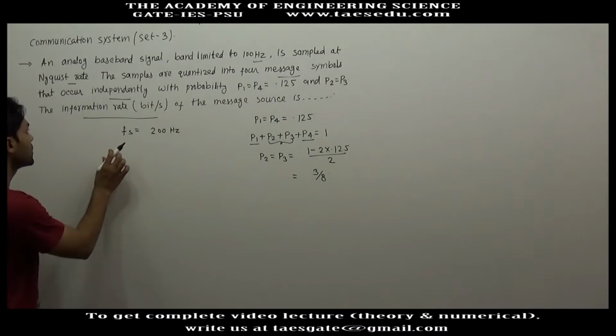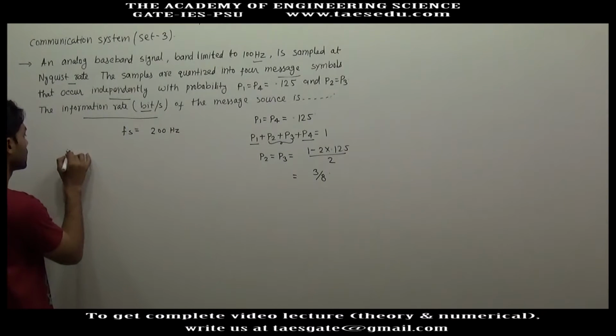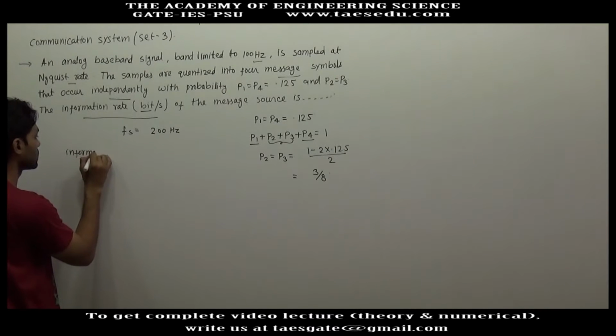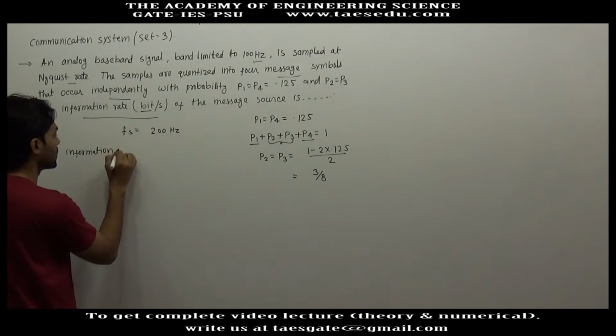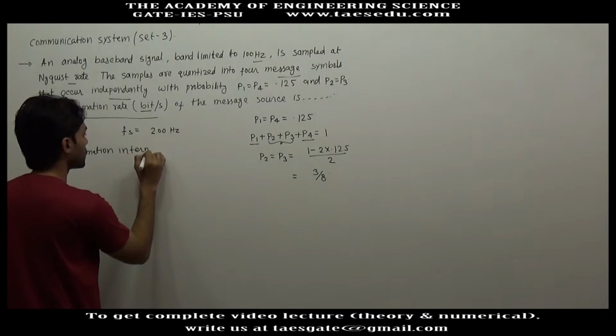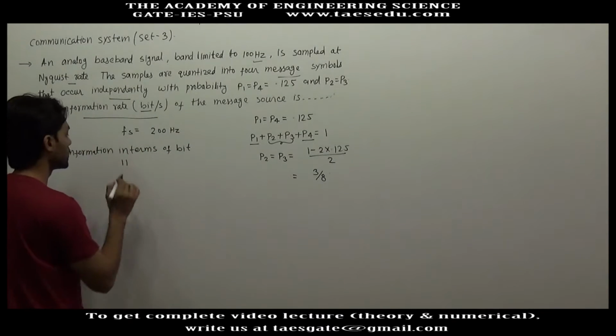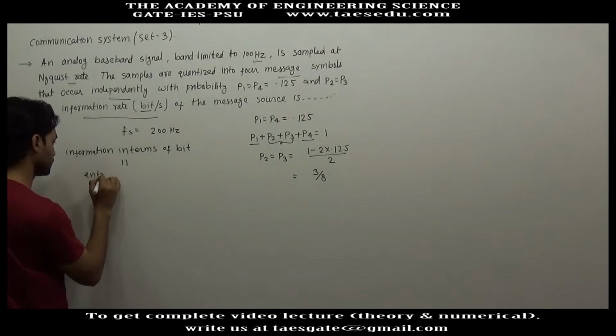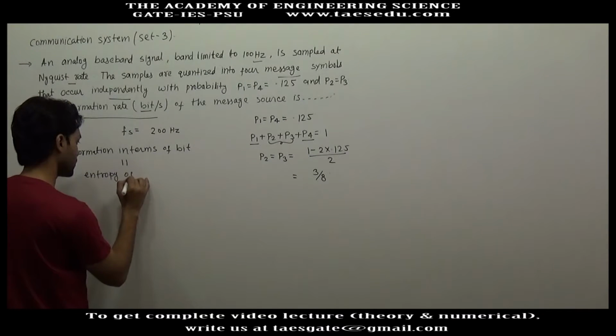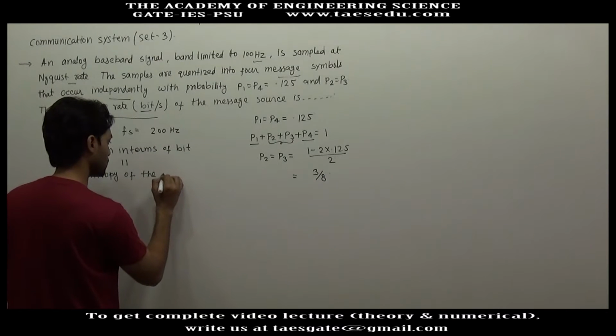Information in terms of bits is nothing but the entropy of the source.